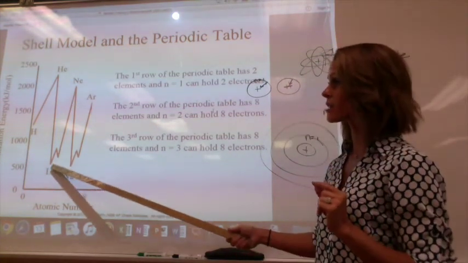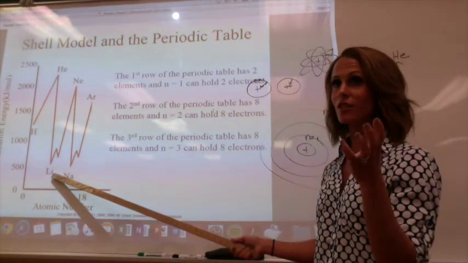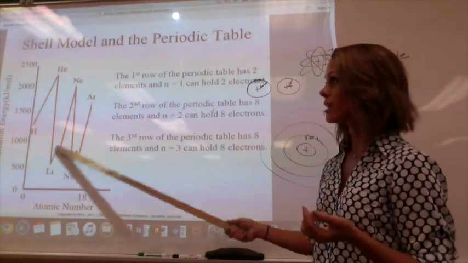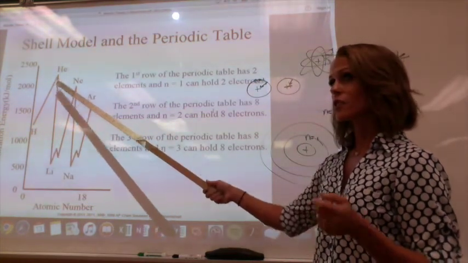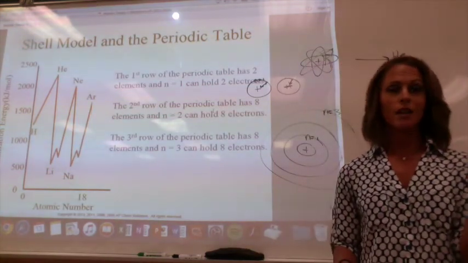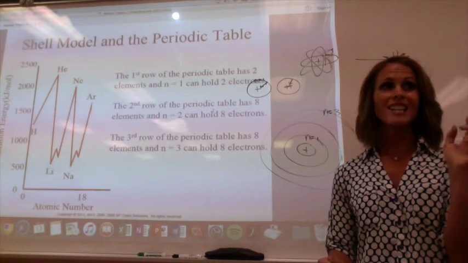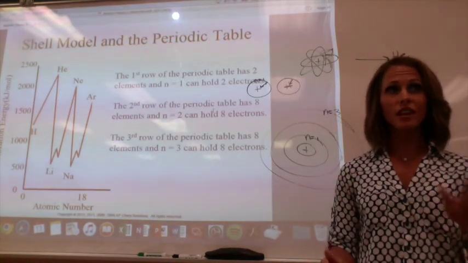Scientists recognize there must be 8 elements in this period. This only had 2, right? So the data suggests that the first row only has 2 electrons, the second has 8, the third has 8. But at this point, they're assuming they're all the same.